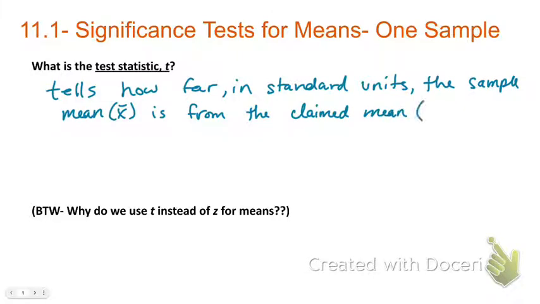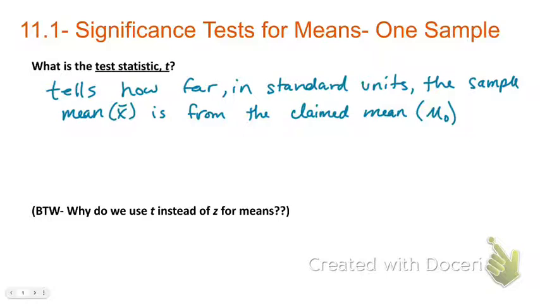And that claimed mean is going to have a notation of mu sub 0 or mu naught. Either way, however you say that, that would be the claimed value. Kind of like we had with proportions, we had that P naught or P0. This is the claimed mean, mu 0 or mu naught.